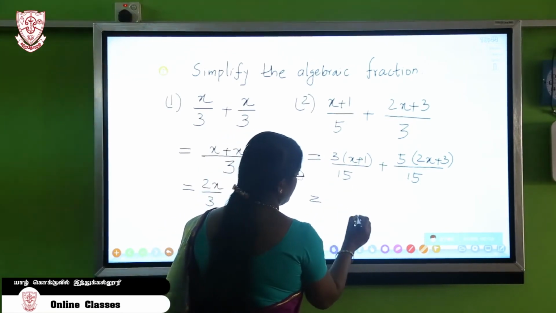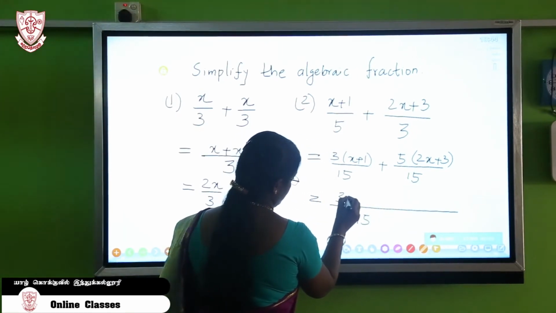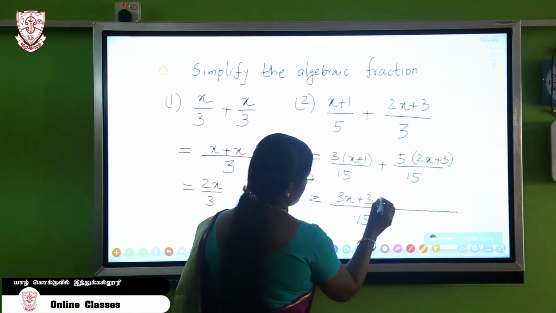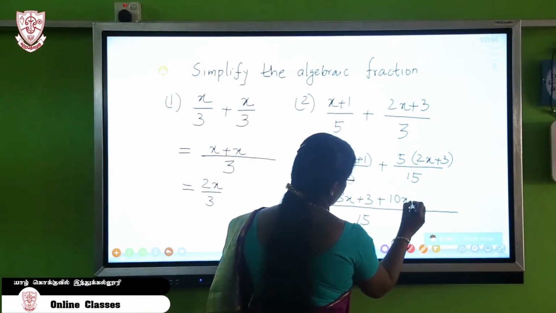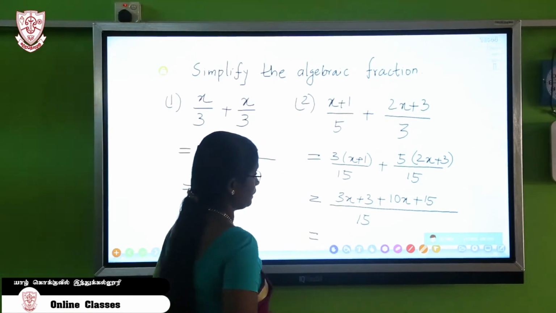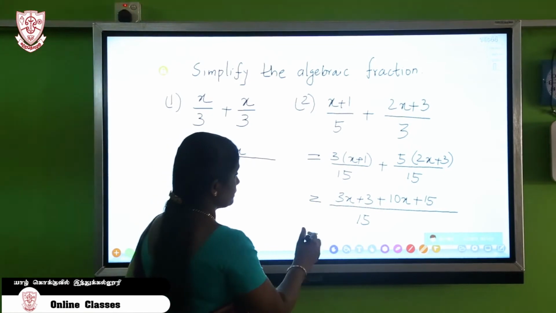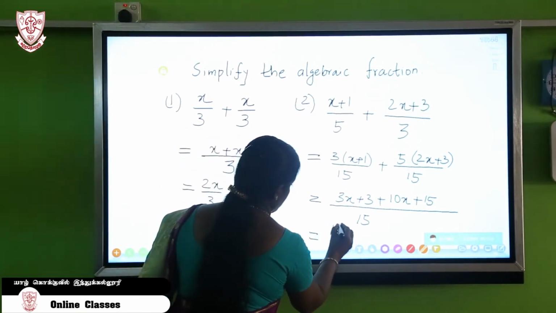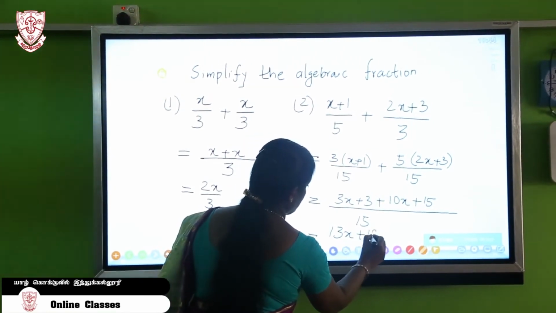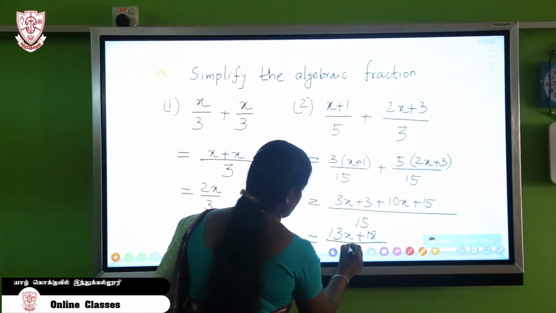Then you simplify the numerators. So what is the answer? After simplifying the numerator, the answer is 13x plus 18 over 15.